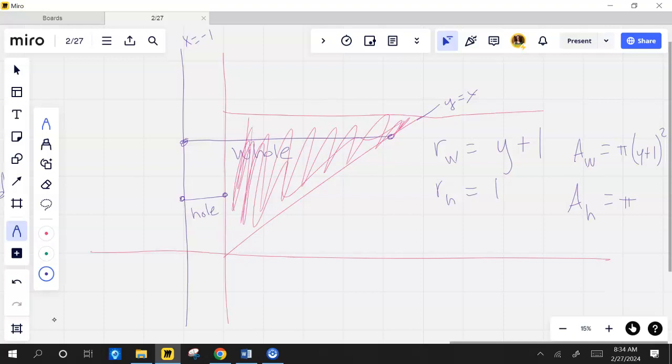What do you mean, why? It's always the whole thing minus the shaded area for your H hole. Is it because we're flipping between rotating this way and this way?